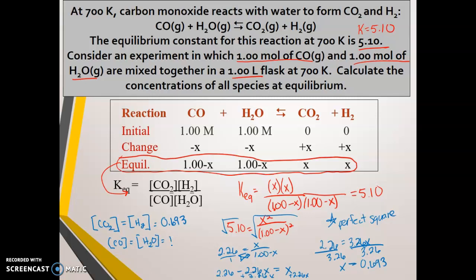So this is 1.00 minus X, sub in the 0.693 there. So this is going to be equal to 0.307 for carbon monoxide and for water.